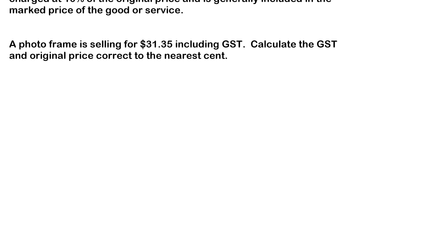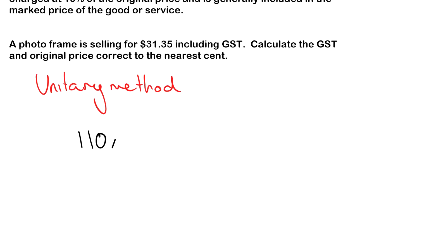So if we're saying that GST is 10%, we're going to use the unitary method here. This is what I would suggest using, the unitary method, which I cover in an earlier video, which I'll link in below. So what we need to know first is we know that 110% is our $31.35.